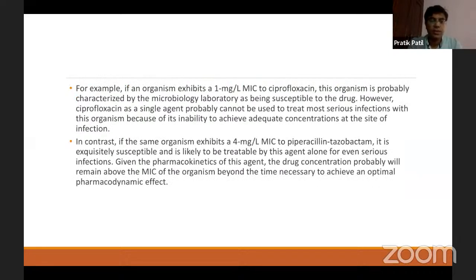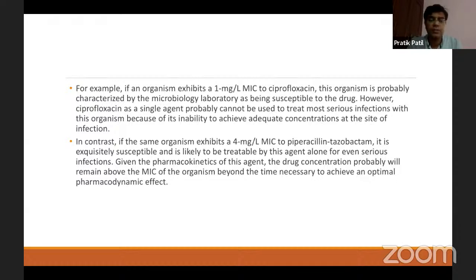Just for example, if an organism, let's say a Pseudomonas, exhibits a MIC of 1 mg per liter to ciprofloxacin, this organism is probably characterized by the microbiology lab as being susceptible. However, as a single agent, it probably cannot be used to treat more serious infections with the organism because of its inability to achieve adequate concentration at the site of infection.